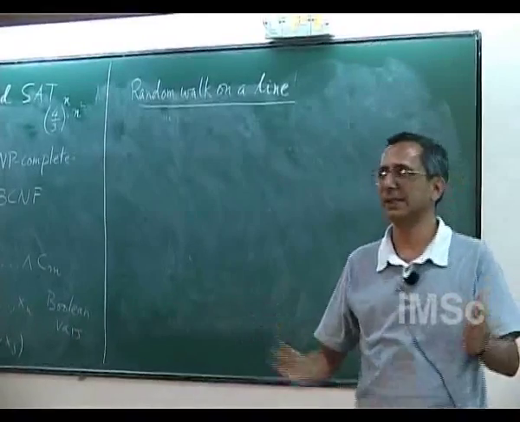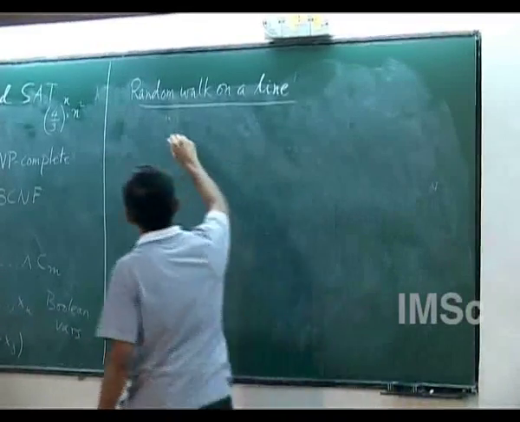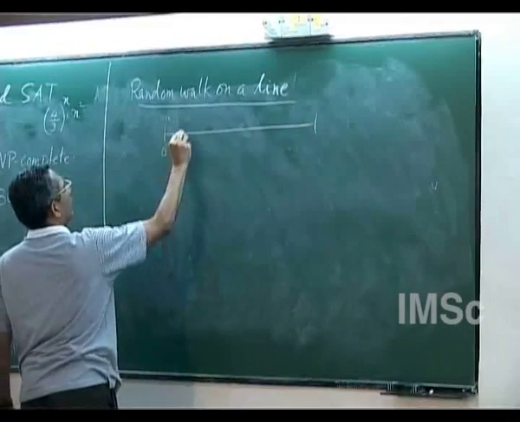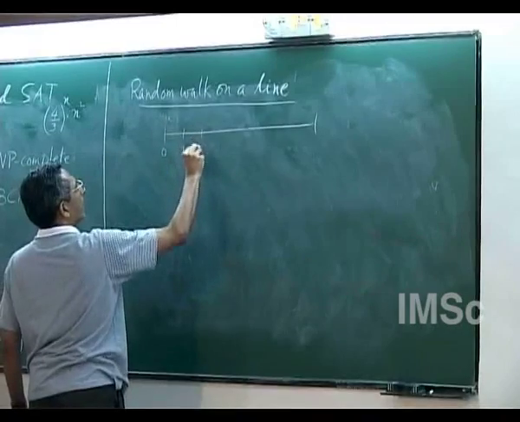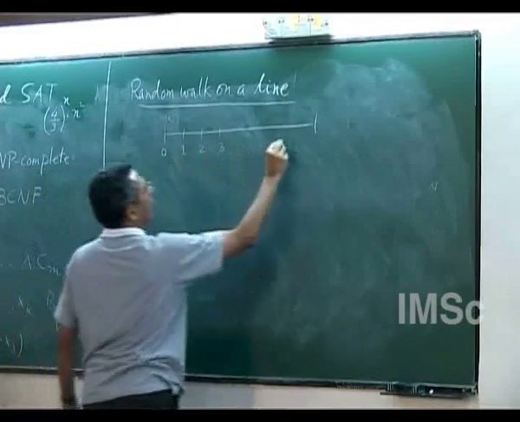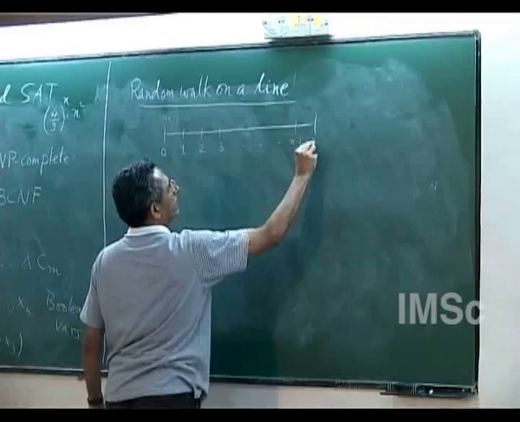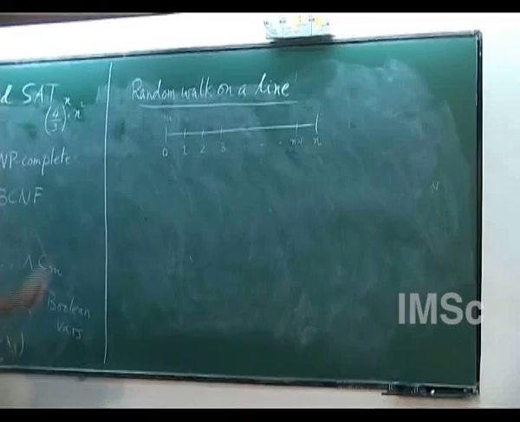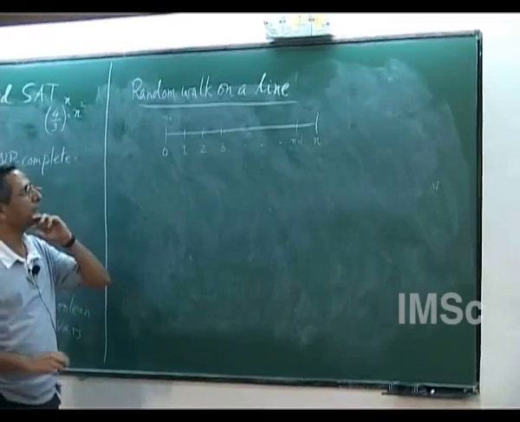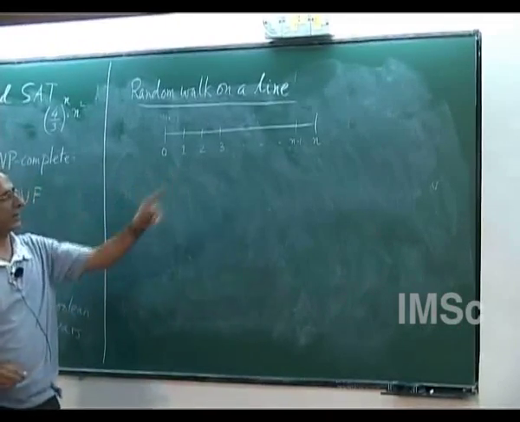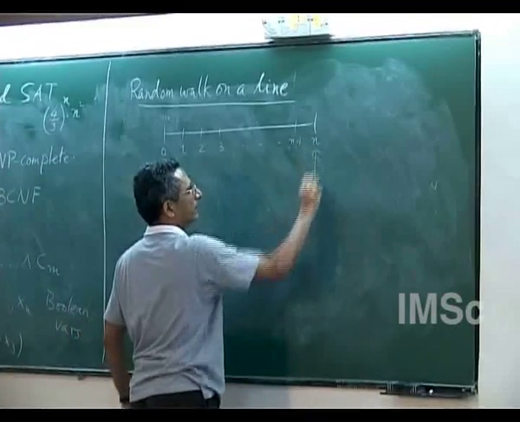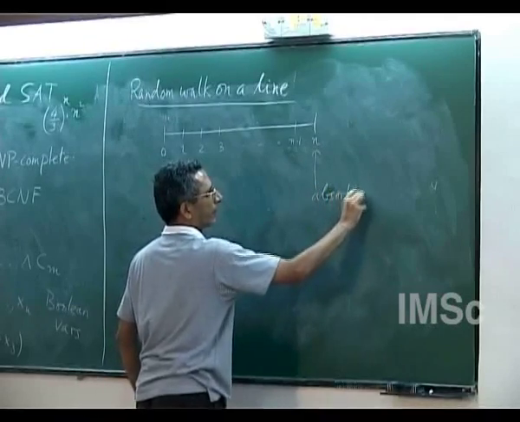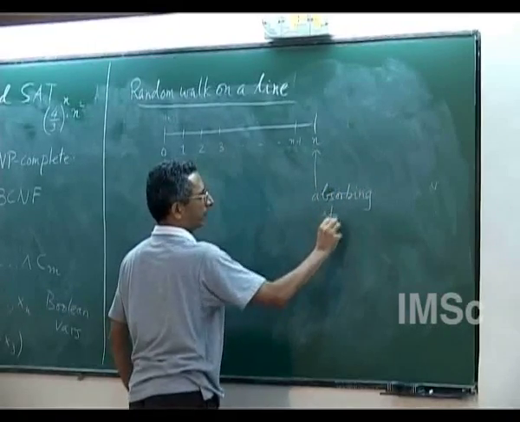It's a discrete random walk problem where you have this undirected path with n plus 1 nodes labeled 0 to n, and n is an absorbing state.